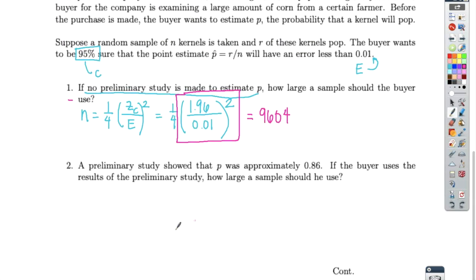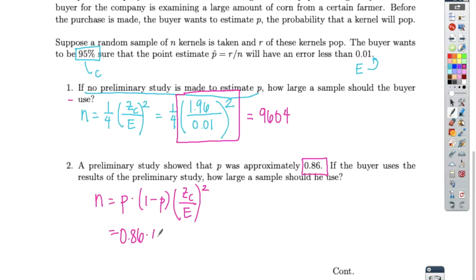So plugging that in. N equals P times, your formula here says 1 minus P, but really that's Q, times Z sub C over E, squared. Okay, our preliminary estimate for P is 0.86. Well, if that's our preliminary estimate for P, then what does that make Q?